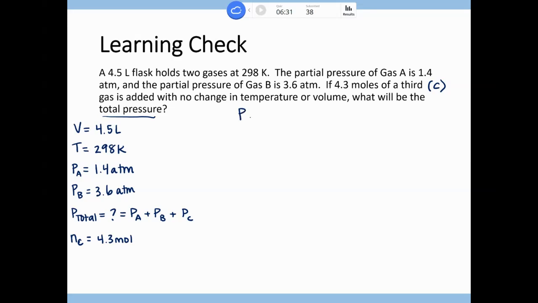So we use moles of gas C, then volume, gas constant, and temperature stay the same for all gases. So pressure of gas C is equal to moles of gas C times R times T divided by volume.